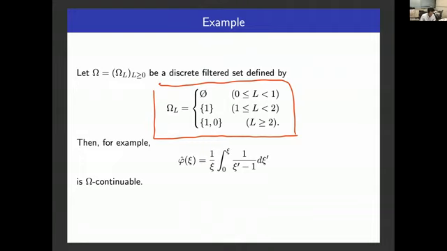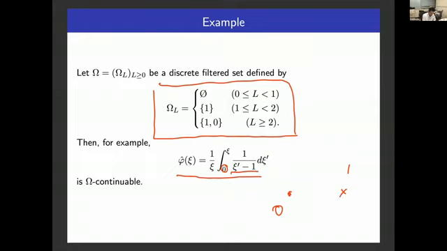So then, for example, this function is omega continuable. It looks like it has a singular point at xi equals 0, but this integration starts from the origin 0, so pi hat xi is analytic at the origin. But this integrand here has a singular point at xi equal to 1.